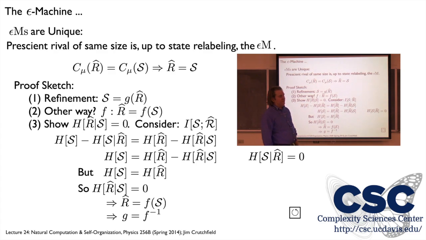Yes, right. Prescient rivals the same size are isomorphic. That's the claim. Yep. Do you know it's invertible? There's some kind of messy border cases here. So if you roll up your sleeves and do the measure theory, it gets kind of grungy, actually.